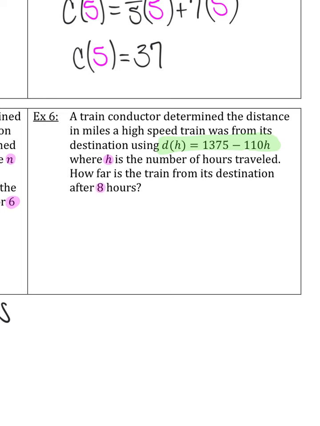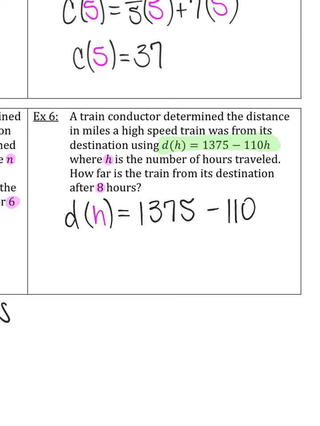So let's write down the equation that it provided. It said D of H is equal to 1,375 minus 110H. Now I know that the train traveled for 8 hours.